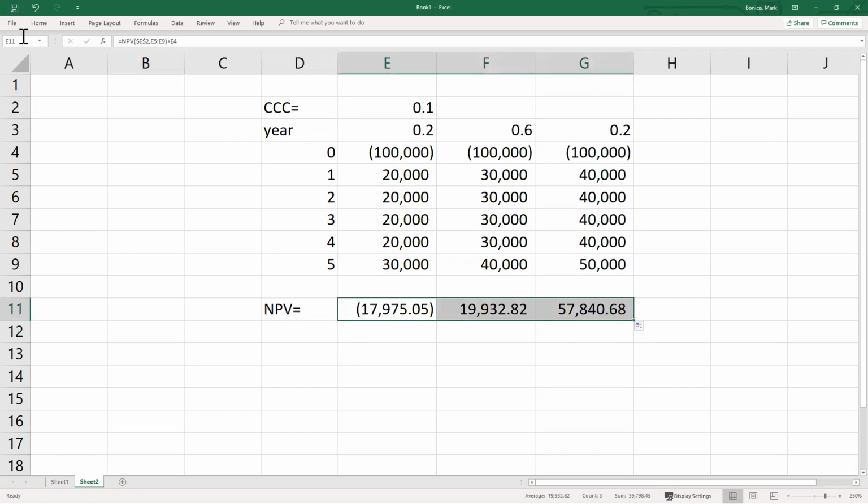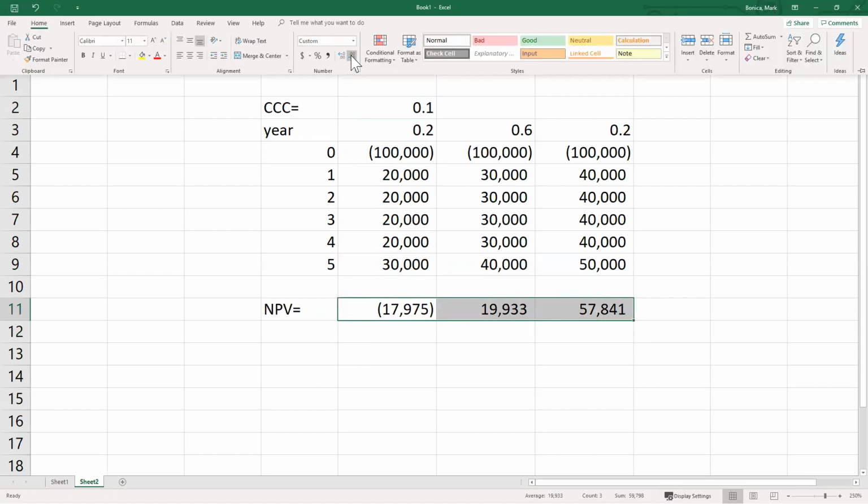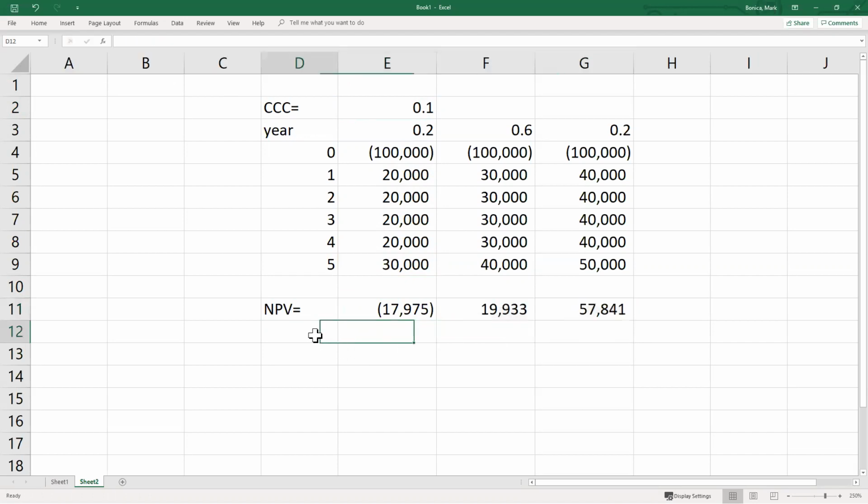All right, let's just clean this up a little bit, get rid of our decimals. The NPV for the project is just the sum of the weighted average of each of these.